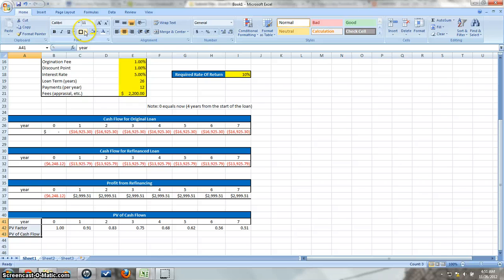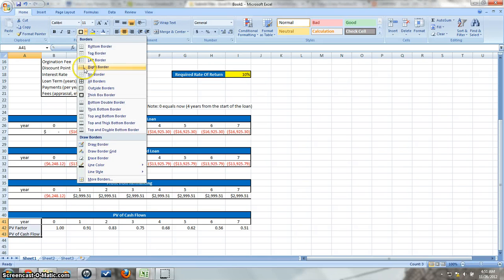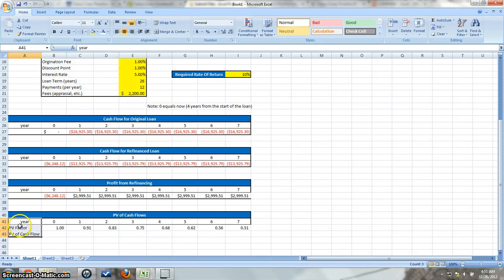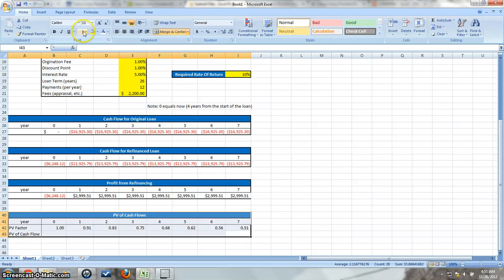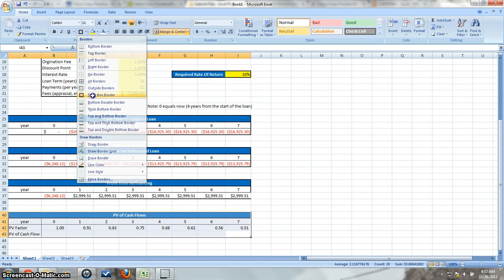Go ahead and add a right border here. And going to do a thick box border.